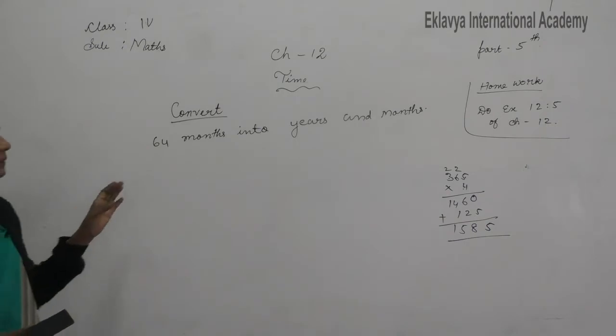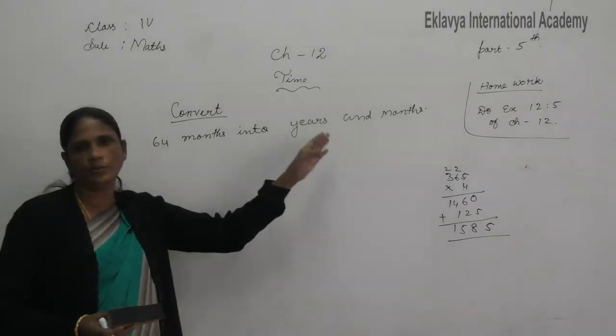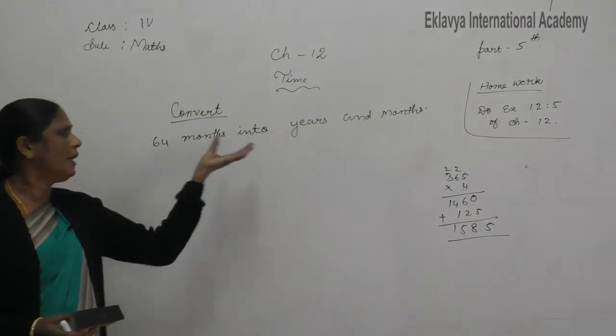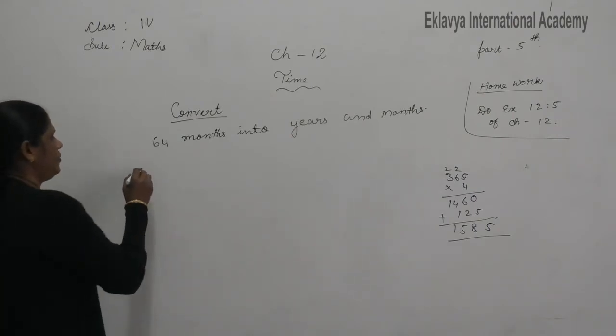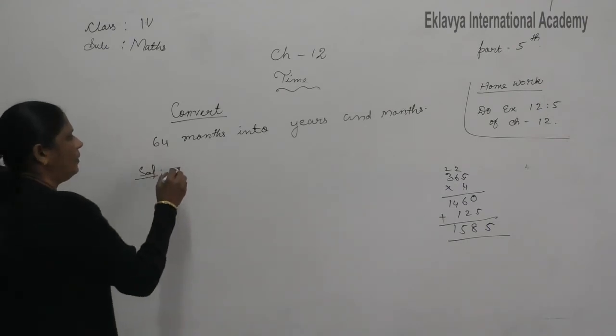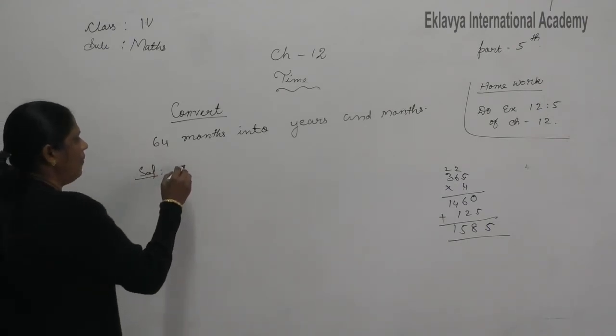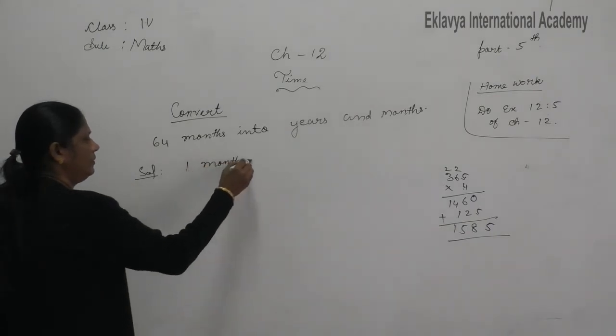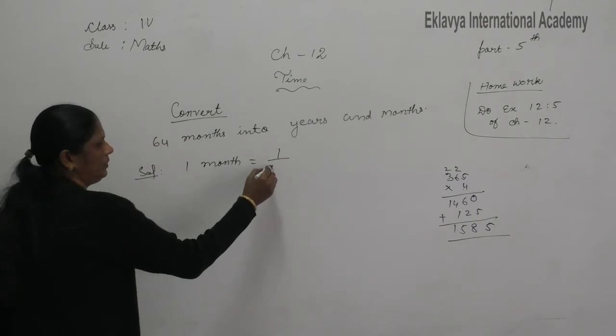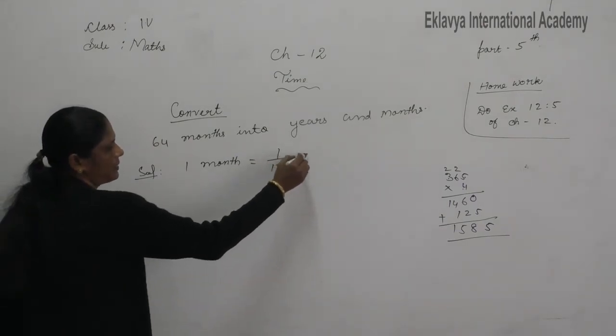First we convert months into years. 1 year is equal to how many months? 12 months. Solution: 1 month is equal to 1 upon 12 years.